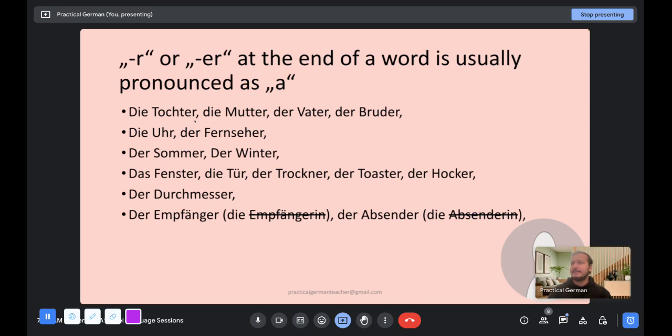So first one is doctor, Mutter is mother, Vater is father, and Bruder is brother. Okay, then the second one. Come on, don't do it. Silly mistake.